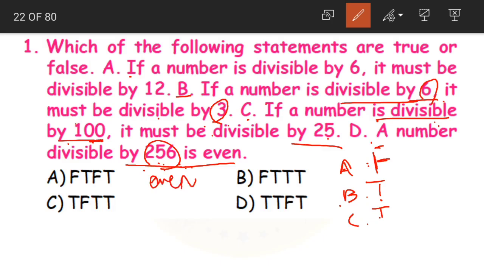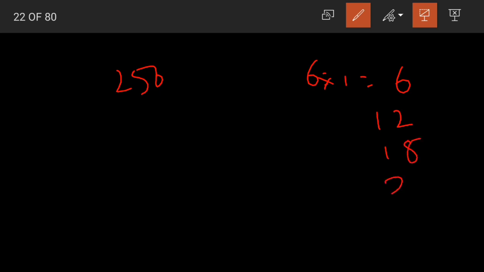What is it, children? It is an even number. If you look at the 6 table, 6 ones are 6, 6 twos are 12, 6 threes are 18, 6 fours are 24, 6 fives are 30.